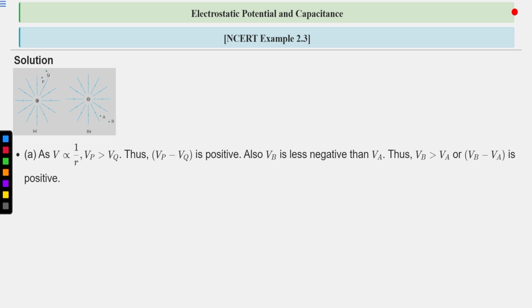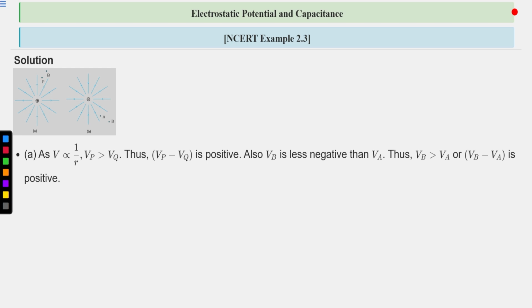Now, what is potential? It is inversely proportional to R, but now the negative sign also appears. It means potential at B is less negative than the potential at A.